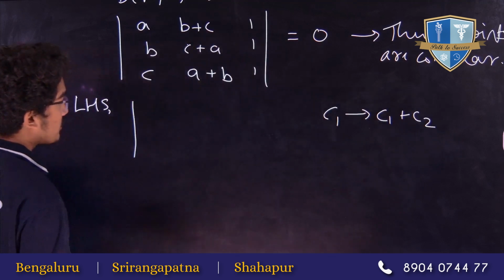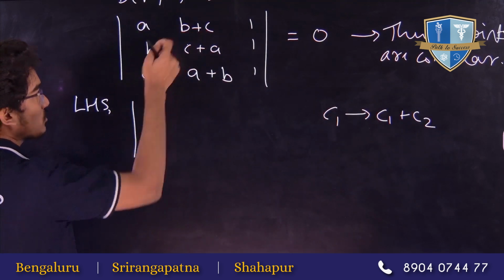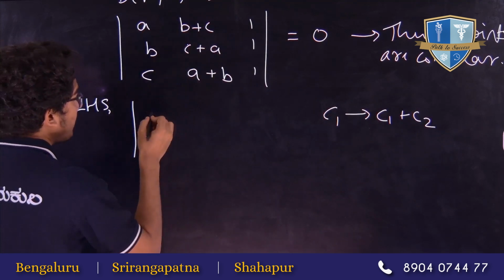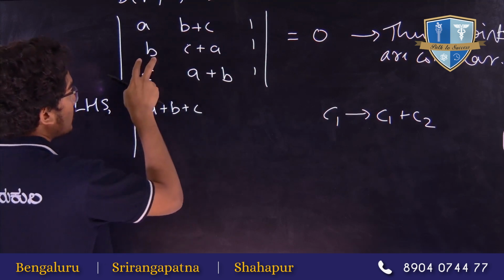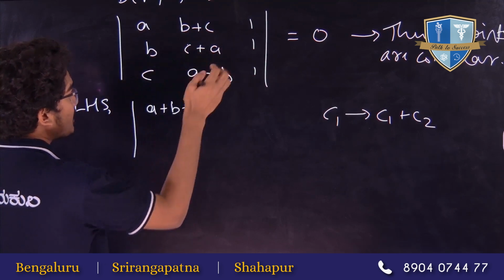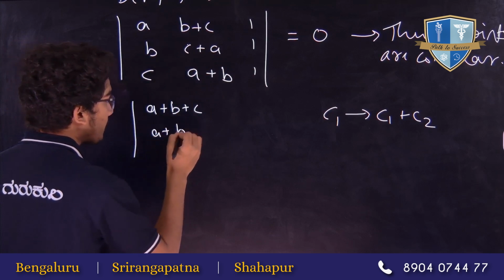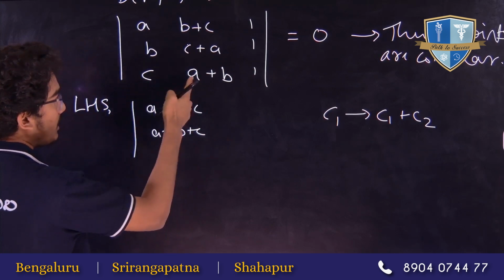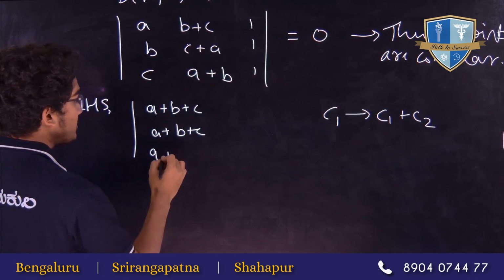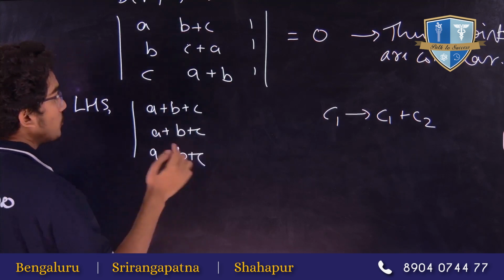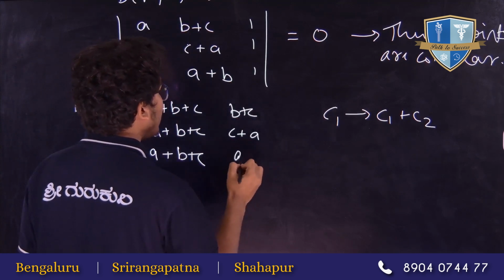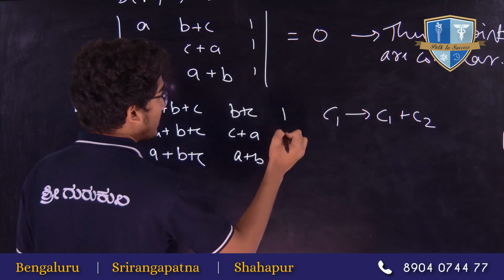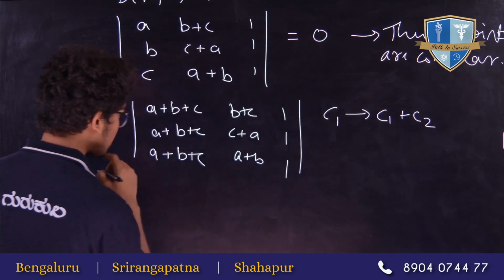So column 1 becomes a plus b plus c, a plus b plus c in the first row. Similarly, b plus c plus a, which is again a plus b plus c. Similarly here also a plus b plus c. Column 2 will remain as it is, which is b, c plus a, and the third column also remains as it is. Correct.